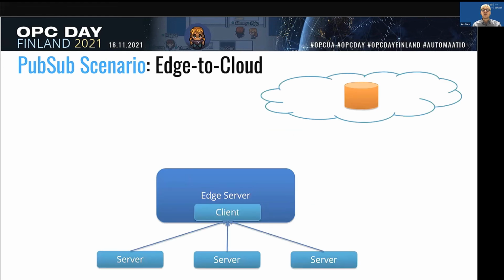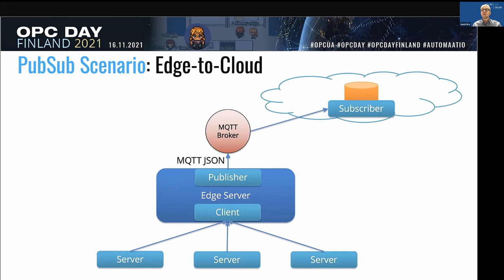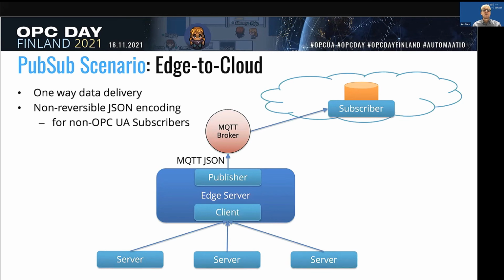Another common scenario using the broker idea is going from edge to cloud. The edge server would get a publisher component and use the MQTT broker to publish JSON messages that are subscribed to in the cloud. And here we have just one-way data delivery.